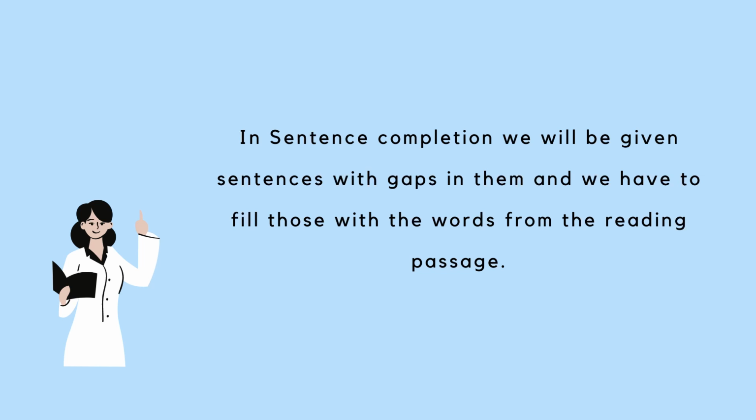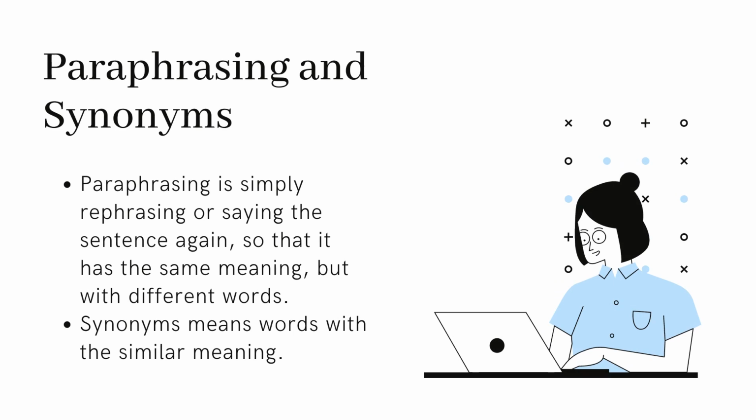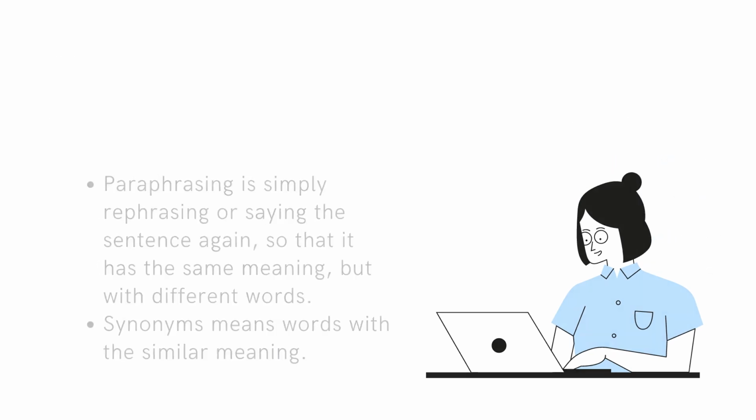These questions are as much vocabulary tests as they are reading tests because they require you to be aware of paraphrasing, that is, using different words to repeat a sentence so that it has the same meaning, and also synonyms, words with the same or very similar meanings.